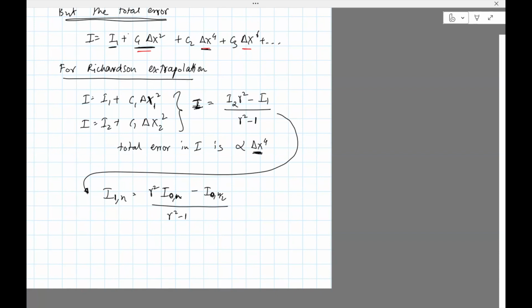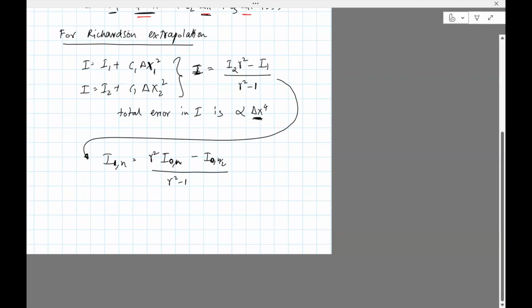You use step size n divided by 2. Okay, and that gave you something at iteration 1, right? So we use this trick to get an improved approximation, which is accurate to delta x raised to 4.